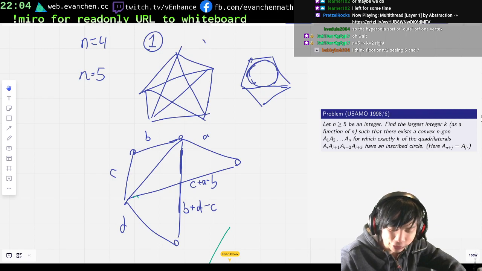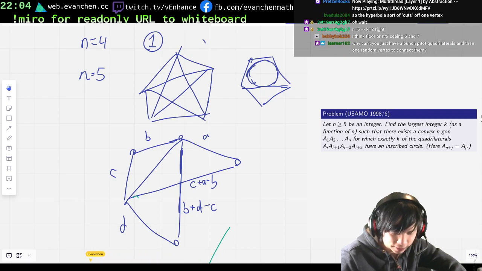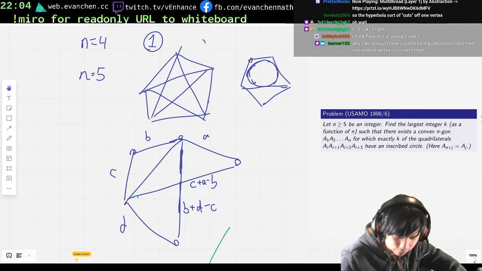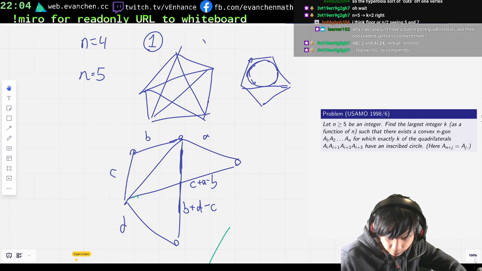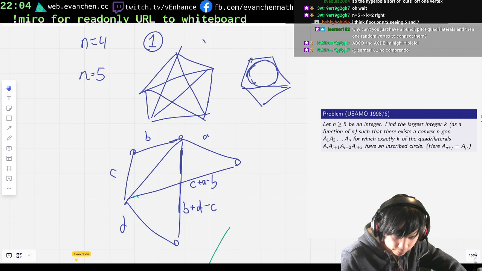Yeah, I think this shouldn't happen, but I can't prove it. Maybe I can though. I should just draw a hyperbola and think some more about it. Maybe it can happen if I distort this picture enough.